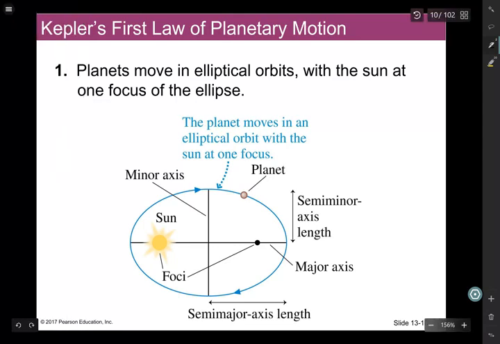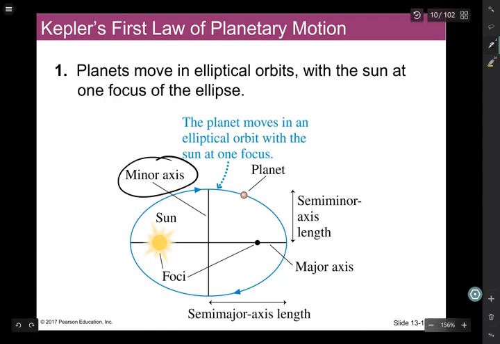So anyway, the first Kepler's law that we're going to show where it comes from later is that planets move in elliptical orbits. There's a lot of terminology that you should know related to elliptical orbits, which hopefully is familiar from geometry classes, right?